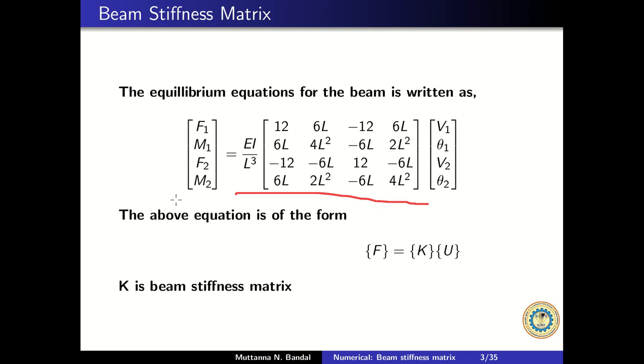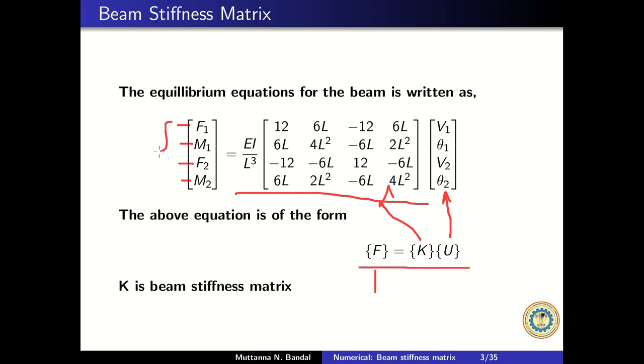To start with, we have to write the basic equilibrium equation, which is F is equal to K into U, where F is the load vector, K is the beam stiffness matrix, and U is the displacement vector. F is the load vector, which consists of the shear force and moment at node 1, and the shear force and moment at node 2.